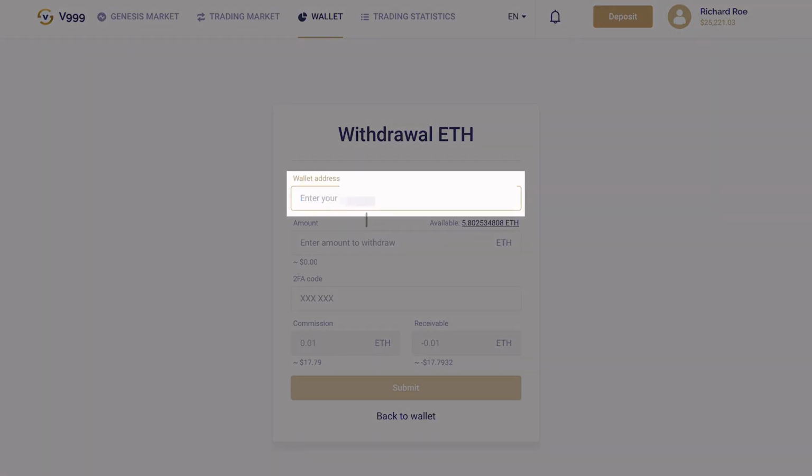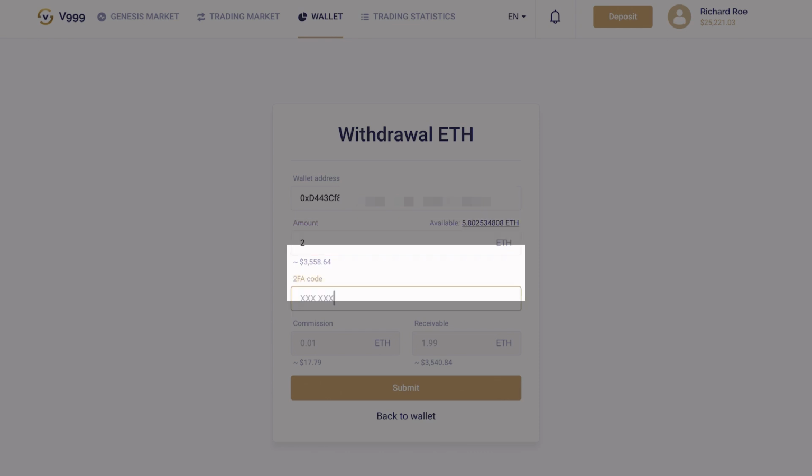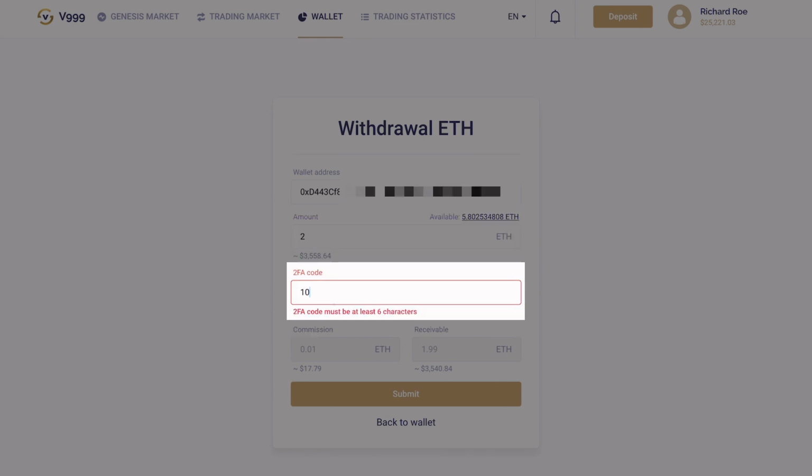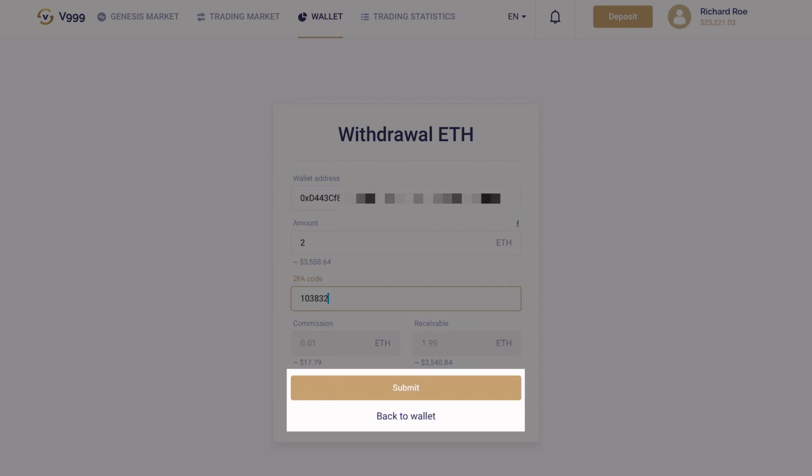Enter your wallet address where you want to send your withdrawal. Enter the amount you wish to withdraw. Confirm your withdrawal request with your 2-step authentication code. Submit the withdrawal request.